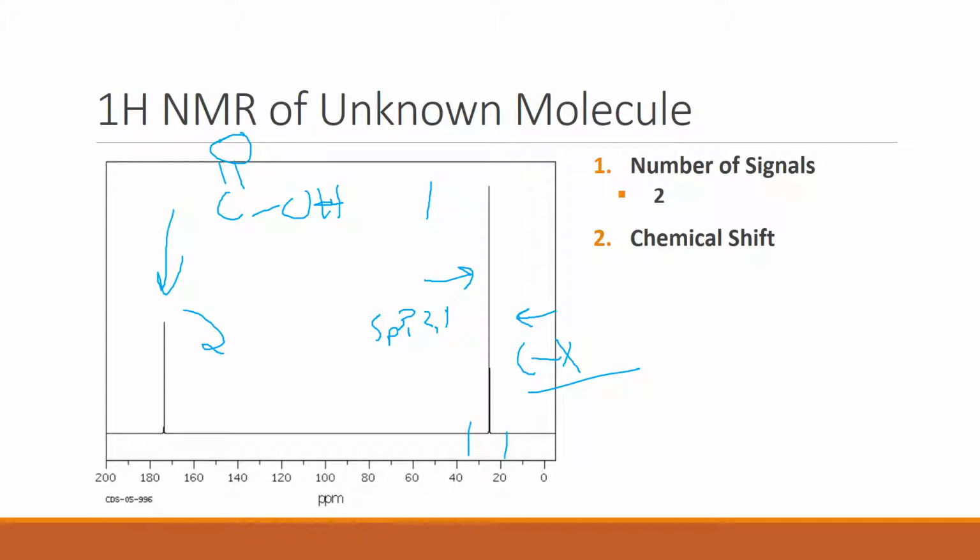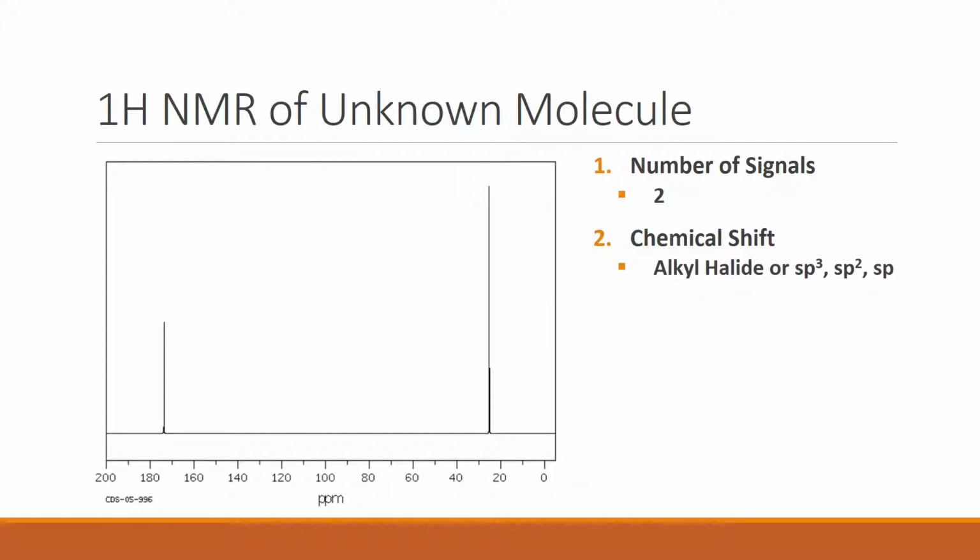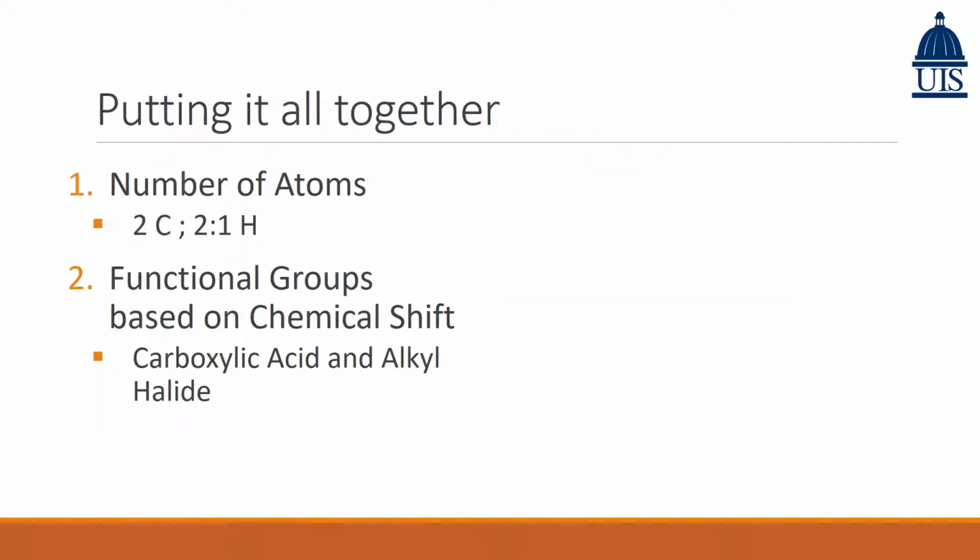So this is a big clue in that we probably have an alkyl halide. All right, this is really likely to be here, as well as pretty confident our carboxylic acid is here as corroborated with our carbon NMR.